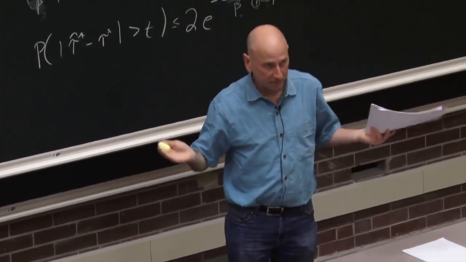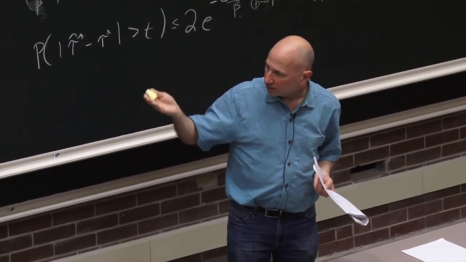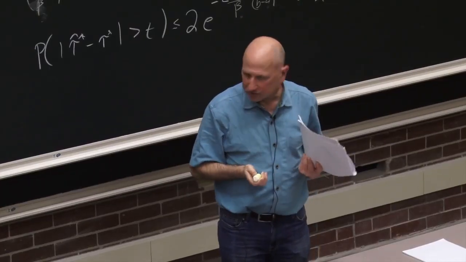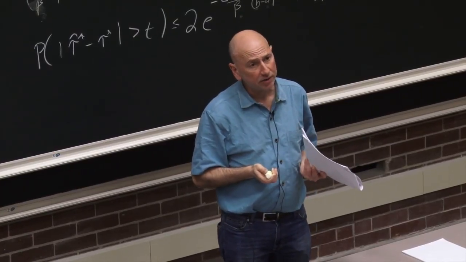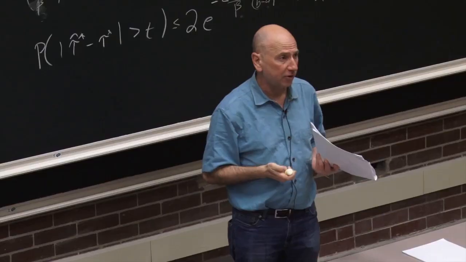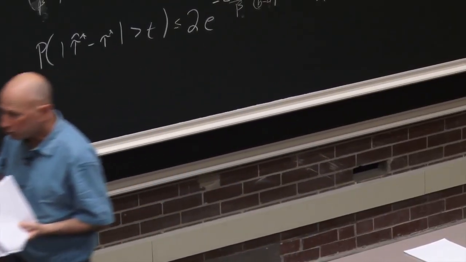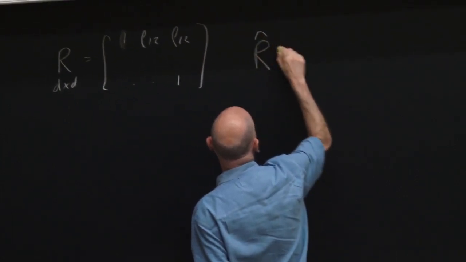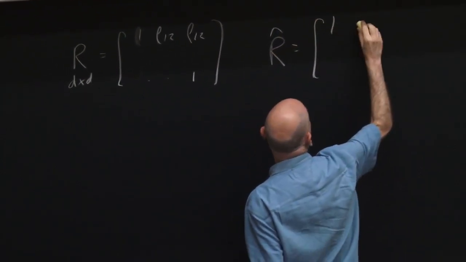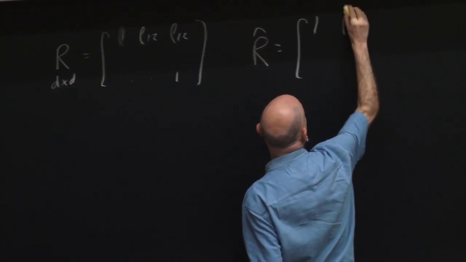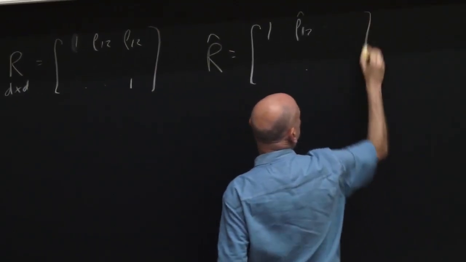Between every pair of genes, let's say they're genes, there's some true correlation. And so that's an unknown matrix, and it's got order d squared parameters in it. Between each pair, I can get an estimate, just the sample correlation.